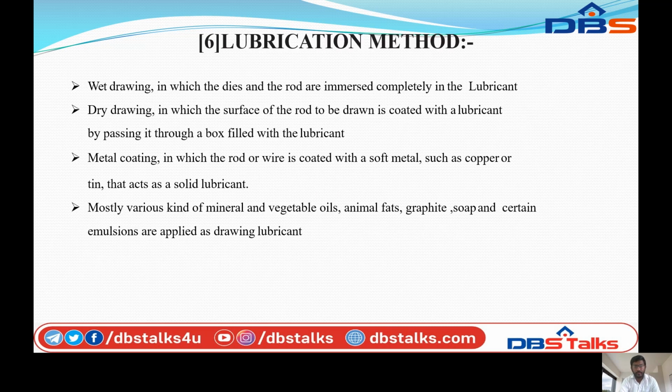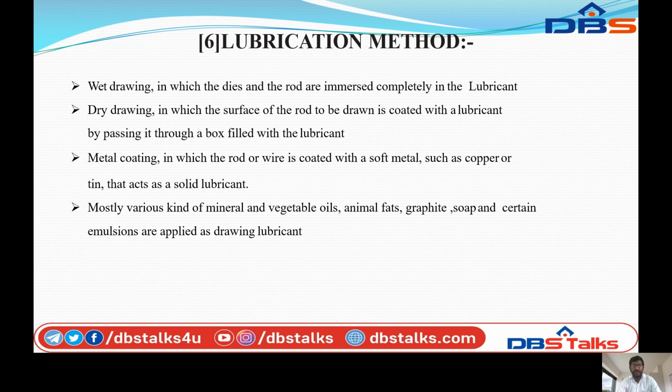Now, the lubrication methods. Wet drawing, in which the dies and the rods are immersed completely in the lubricant. Dry drawing, in which the surface of the rod to be drawn is coated with the lubricant by passing it through a box filled with the lubricant.